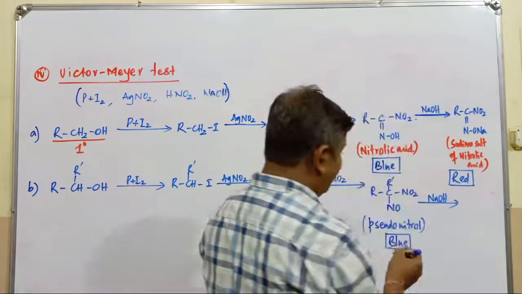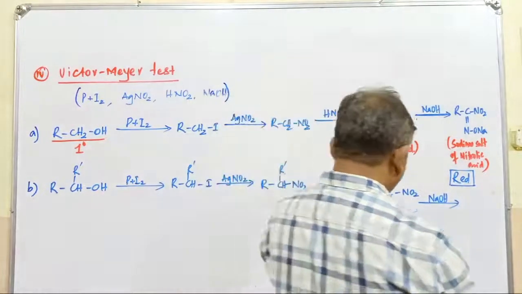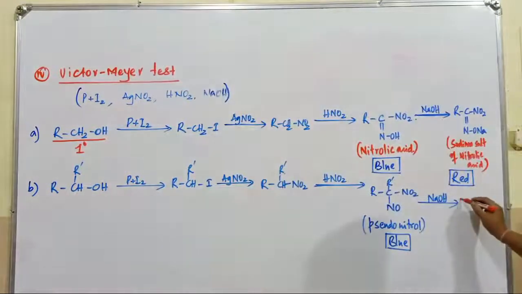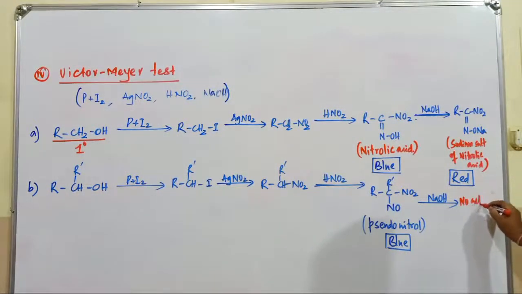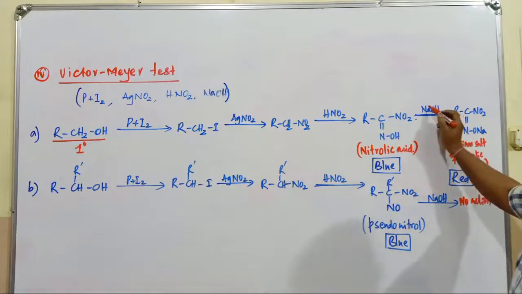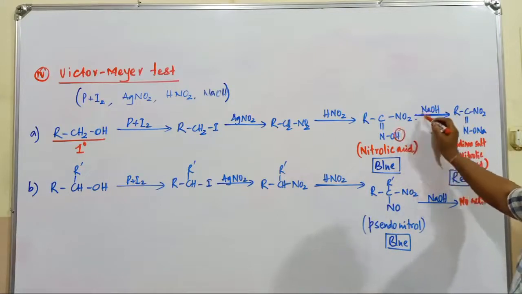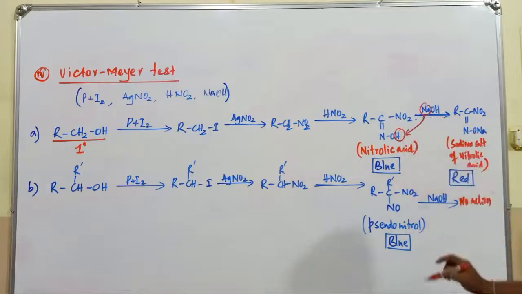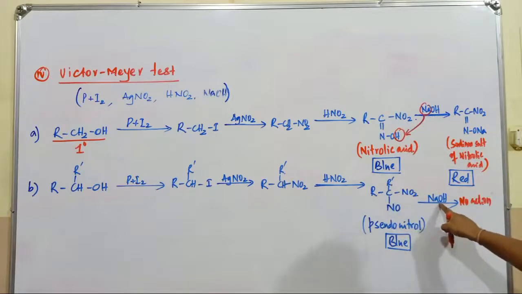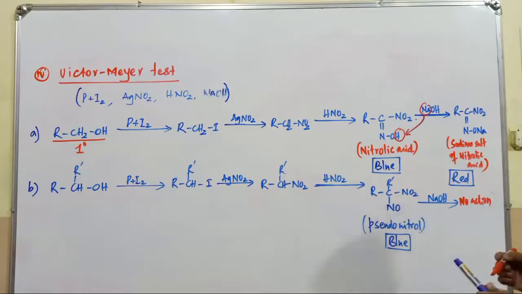Here, in the case of sodium hydroxide, there is no action. Why does no reaction take place? Sodium replaces the hydrogen atom, hence reaction takes place. Here there is no hydrogen and sodium hydroxide has no effect on this one. So the color of this solution is going to be blue. It remains blue only.